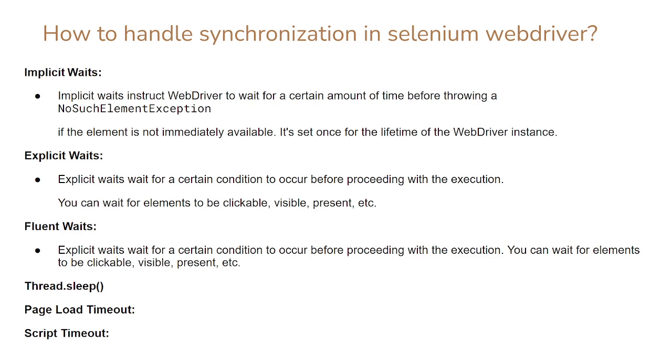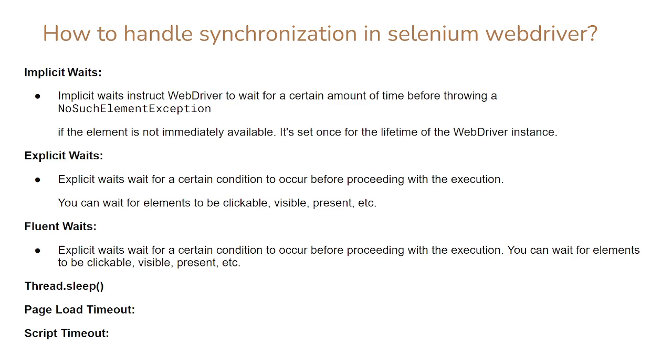So suppose your browser is launched and you are searching for a specific element, then we need to use explicit wait. So waiting for that particular element, let's say a login element, a username text box or password text box, the browser driver will wait for that element. That waiting time is actually explicit wait.